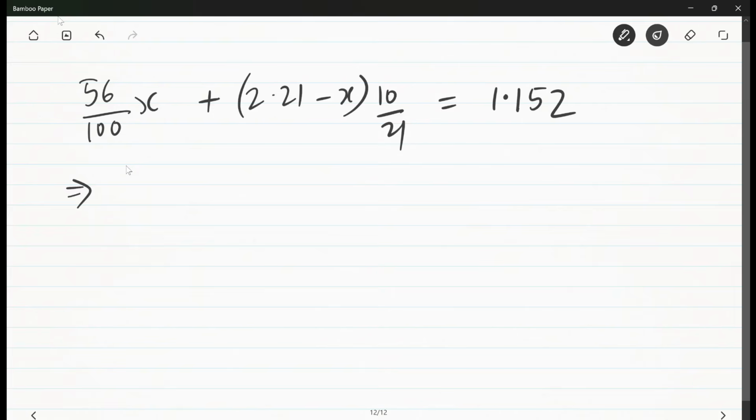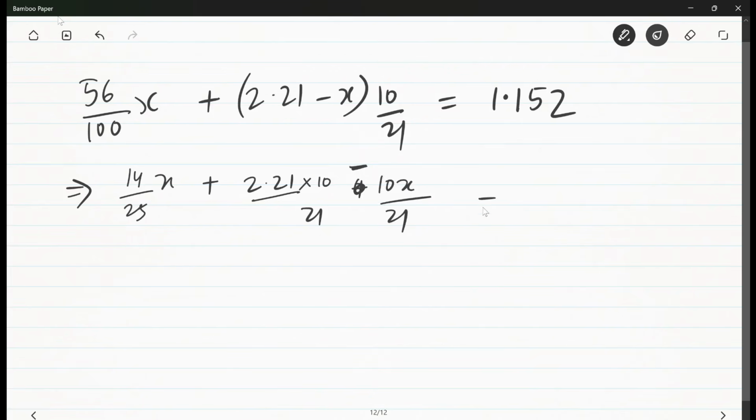56 by 100, that is 14 by 25, minus 10x by 21.